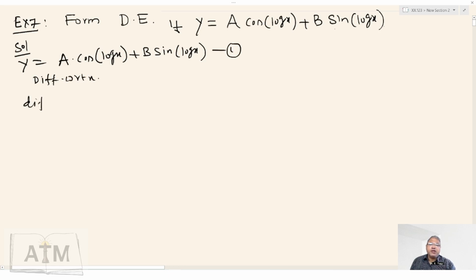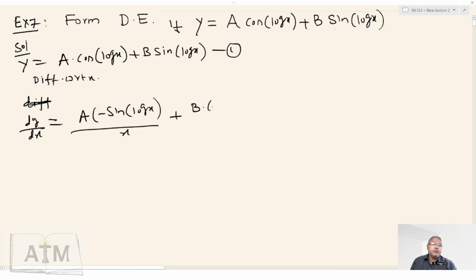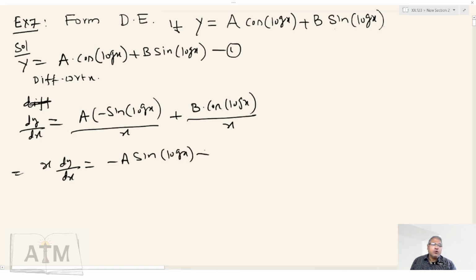After that, differentiating with respect to x, dy by dx equals a into minus sin of log x upon x plus b into cos of log x upon x. So x into dy by dx equals minus a sin of log x plus b cos of log x.